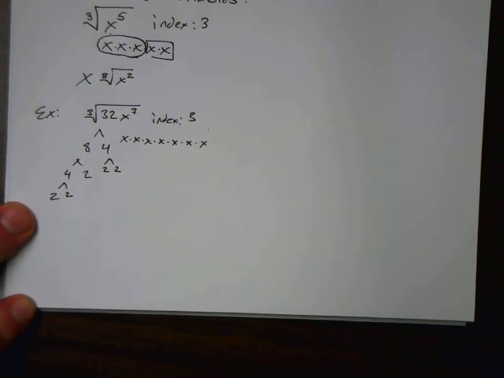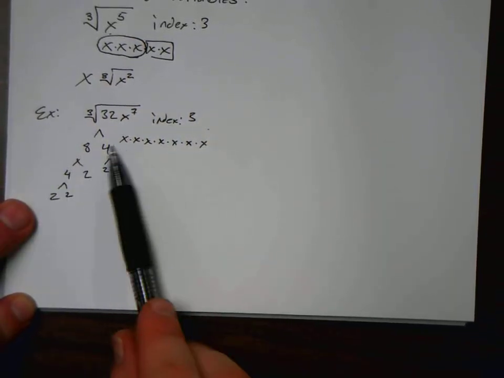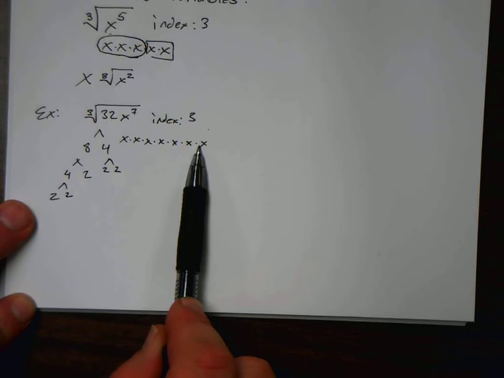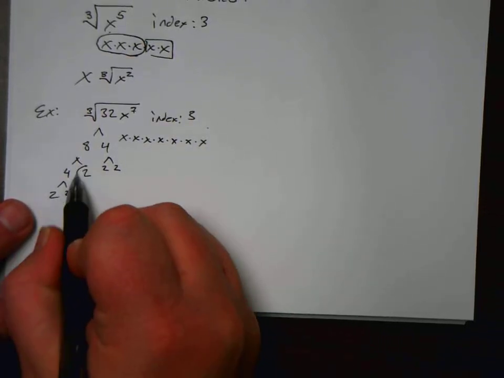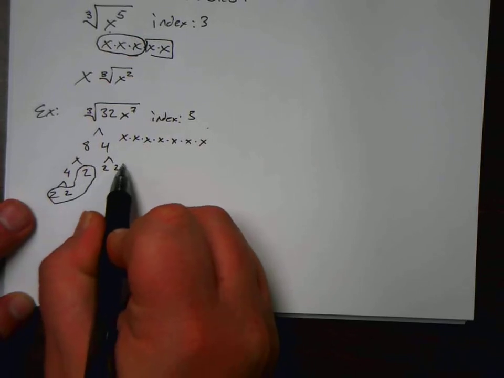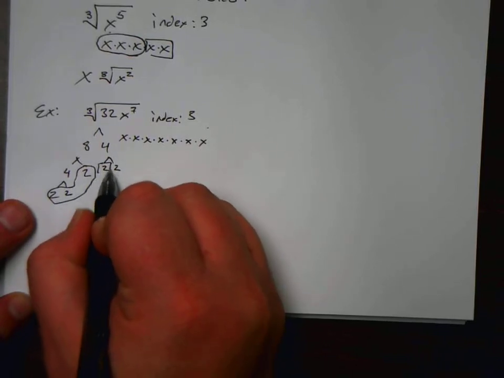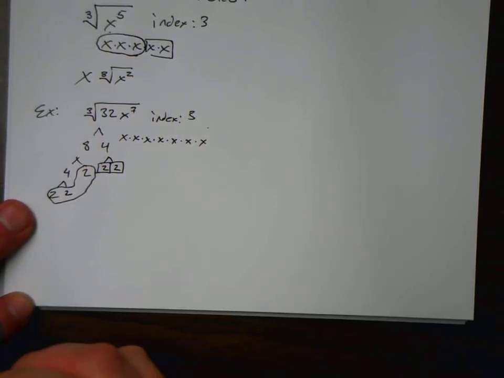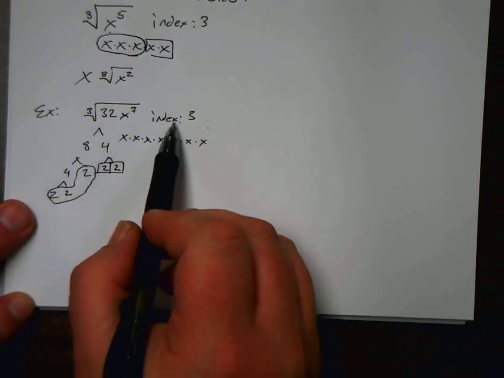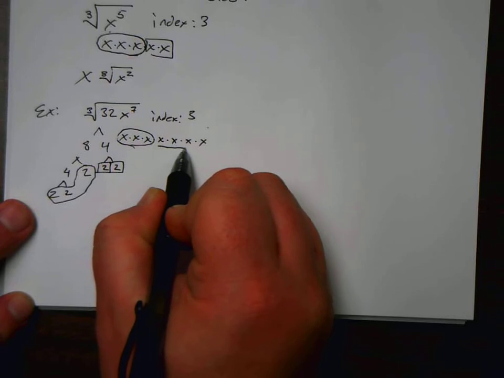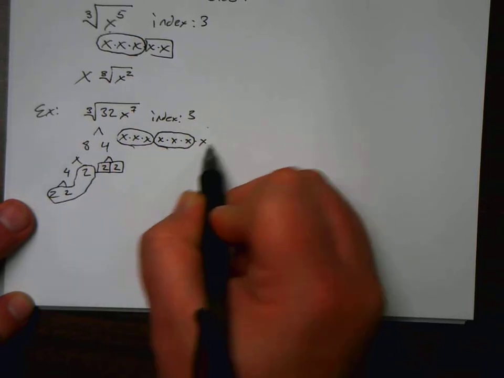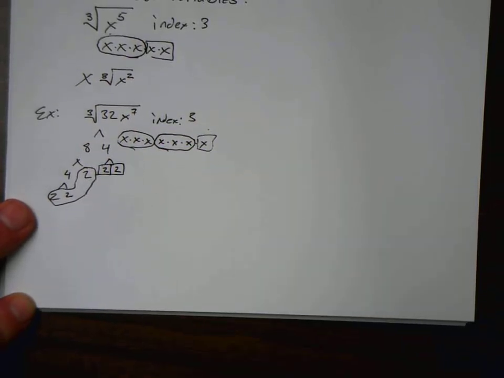Okay. All right, so I keep my numbers. My variables, I just line them out. So groups of 3. So 2, 2, 2. There's 3 2s. And I only have 2 left over, so I put those in a box. And then I have, let's see, 3 x's here, and 3 x's here, and 1 left over there.